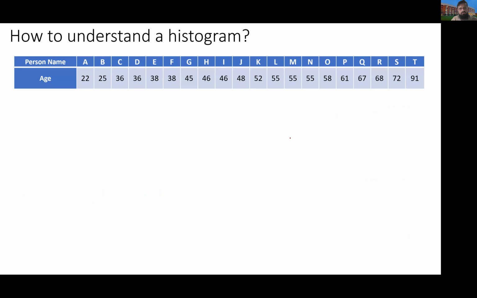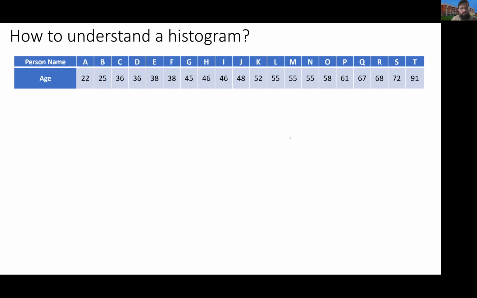I will take a few minutes to tell you what a histogram is, using a very simple example. Let's say we have about 20 persons with different ages, starting from the 20s and going to the 90s.